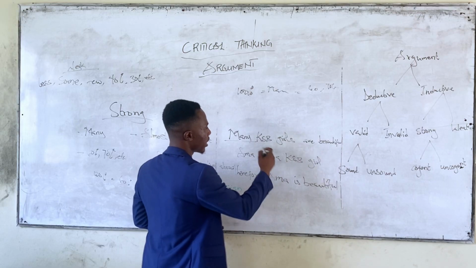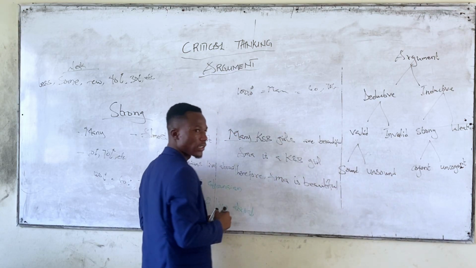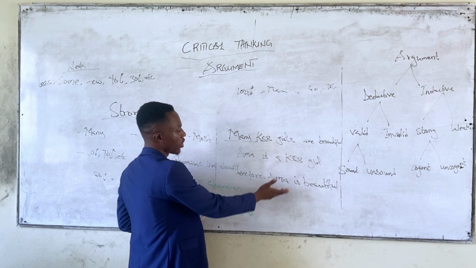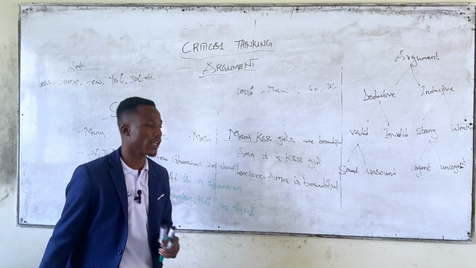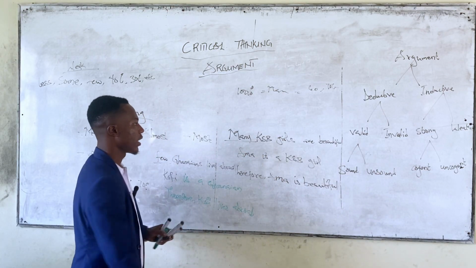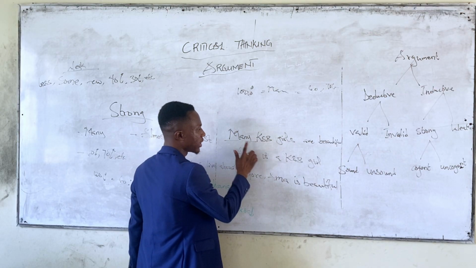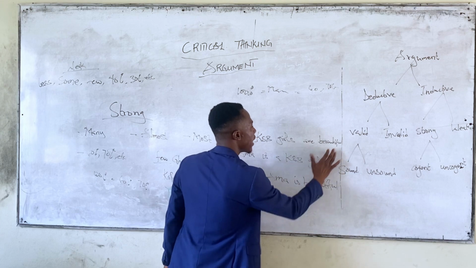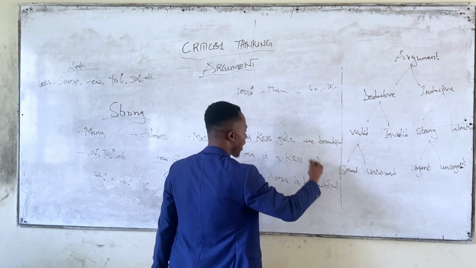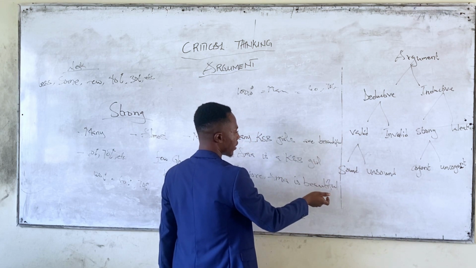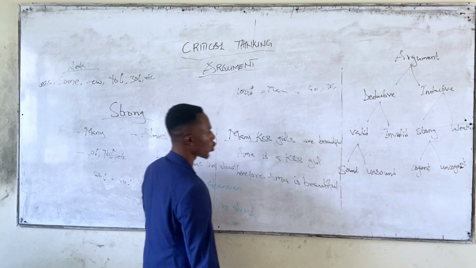Like the girls, KSB girls, KSB girls, yes. And so it follows the logical pattern and all that. Yes, you can say that one is cogent. But then if it deviates, you see this one is making it inductive. So if I cancel this one and bring the beautiful here, it has deviated from the logical, right? So in that case, we will send it to uncogent.